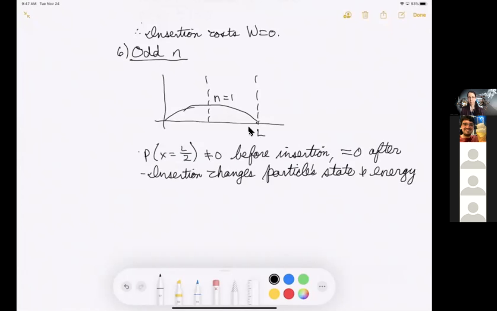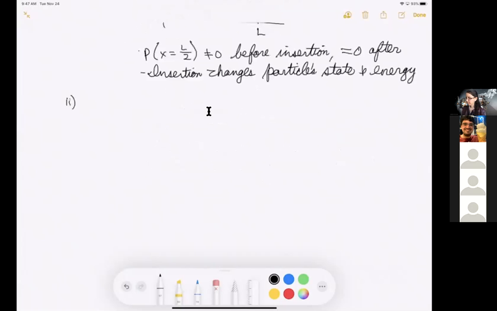And maybe if we have time at the end, we can go back to earlier questions. Okay. Another qualitative difference between classical and quantum Szilard engines comes from particle statistics.